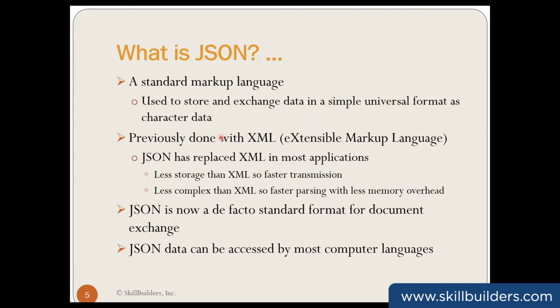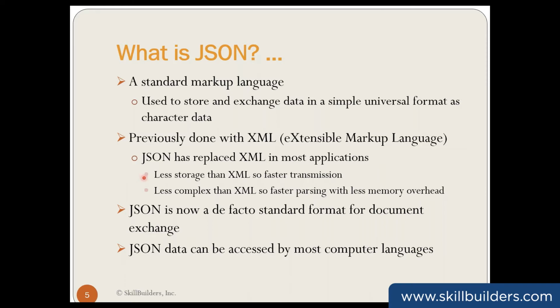The previous one was called XML, Extensible Markup Language. JSON has replaced it in most applications for two primary reasons. One is JSON is a lot less storage. Since it's less storage, when you have to send a lot of data from one application to another, you're sending less bytes across the line, and therefore you get faster transmission.